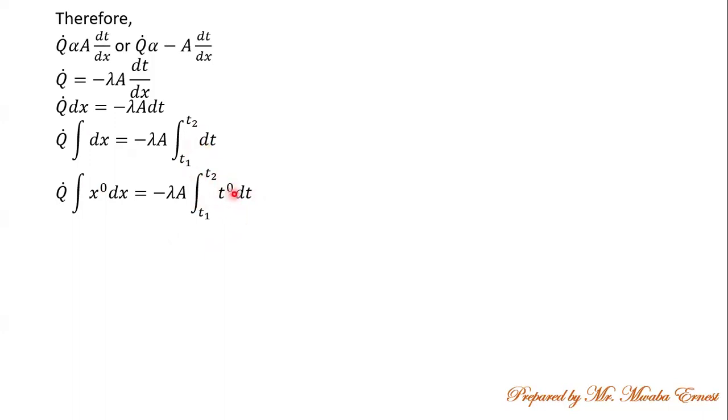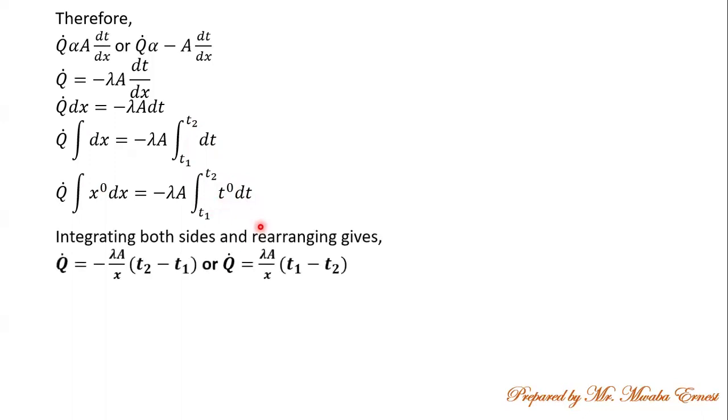So T raised to power 0, respecting the limits once again, meaning that when I get to the integration, it's 0 plus 1 over 0 plus 1. And so as I do that, here I'll have x being born just like that.